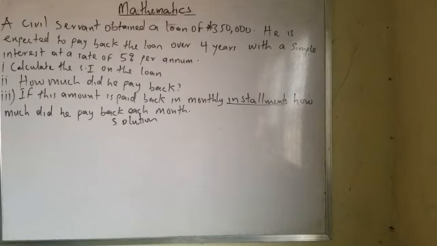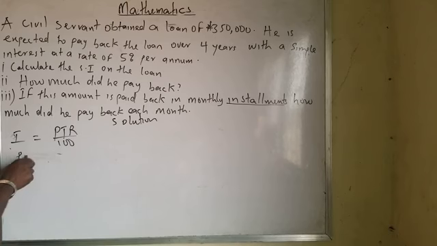Now, if I'm to solve this question, the first thing is what? Simple interest. Interest equals principal times time times rate all over 100. Take note of that. Now, it means my interest will be equal to, how much is the money? The principal is 350,000. Let me write it down.